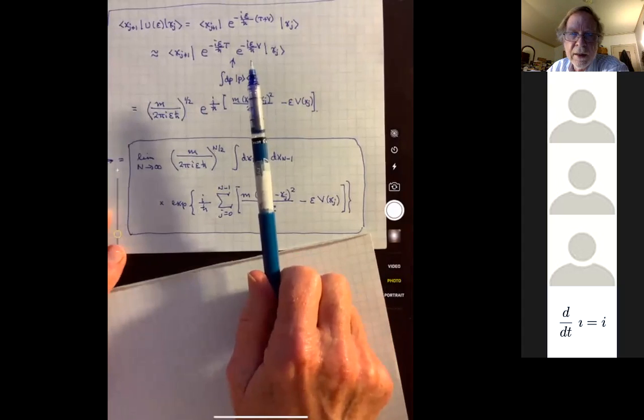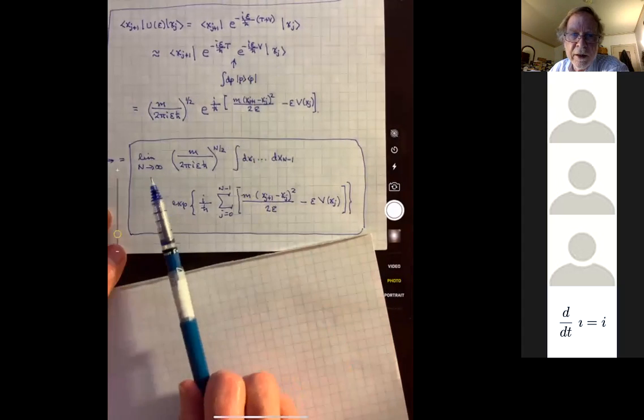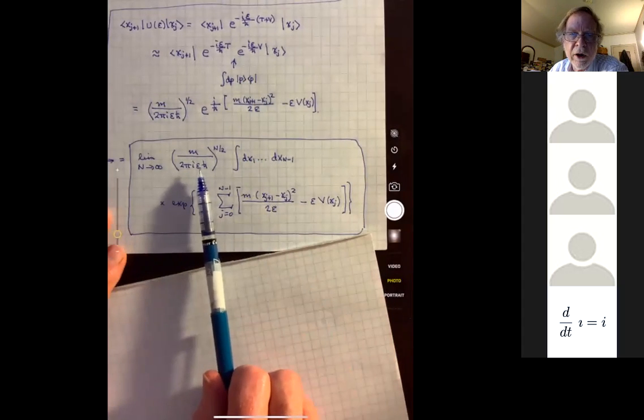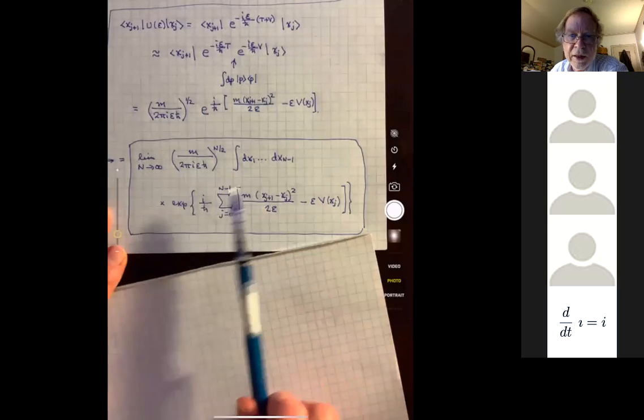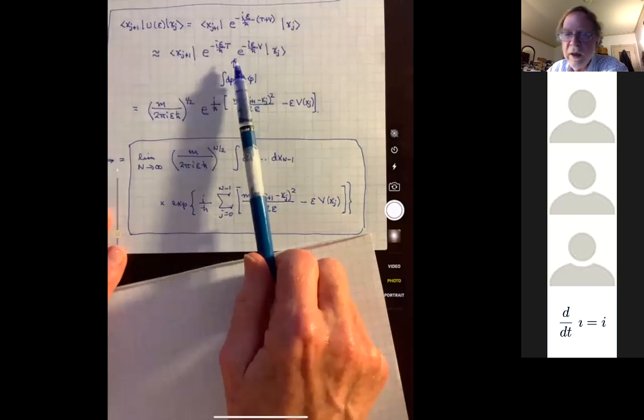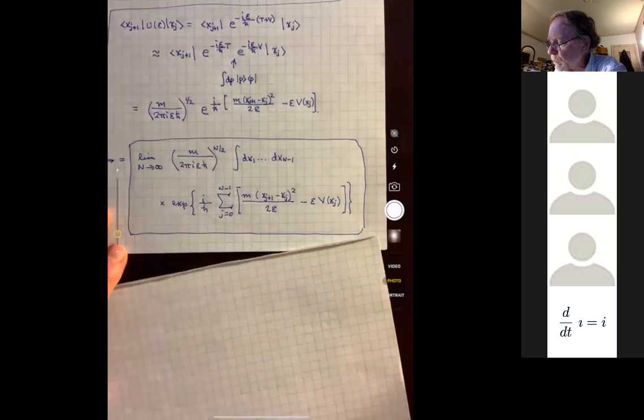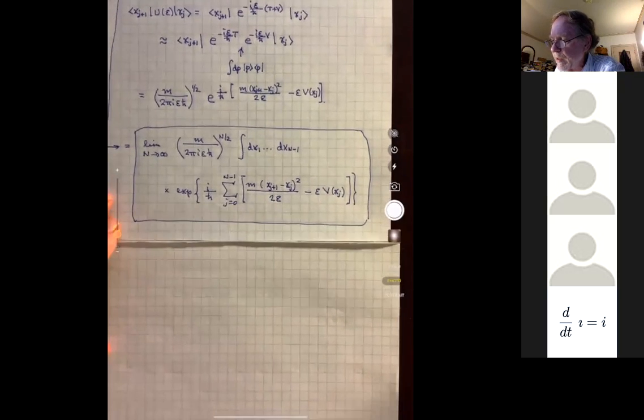It's not exact, but the idea is that in taking the limit n goes to infinity, epsilon is going to go to 0. So it's plausible, at least, that the answer we get when we take this limit is actually the exact answer, that the errors incurred here drop out when we take the limit. So that's the philosophy we're going to take here.